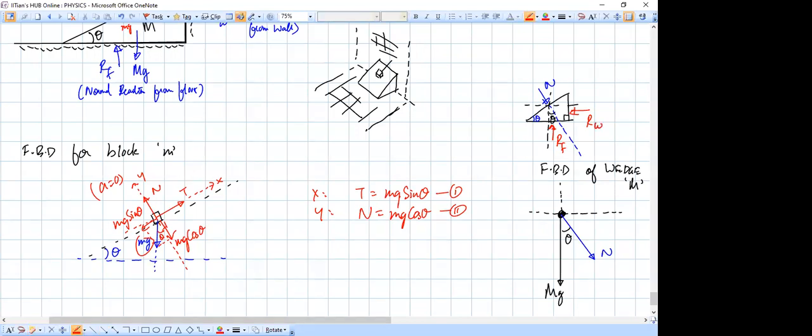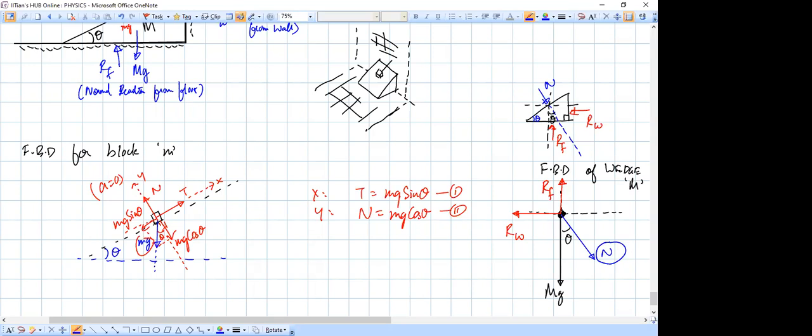So those will show up here as this, and this. And now you just take components of this.